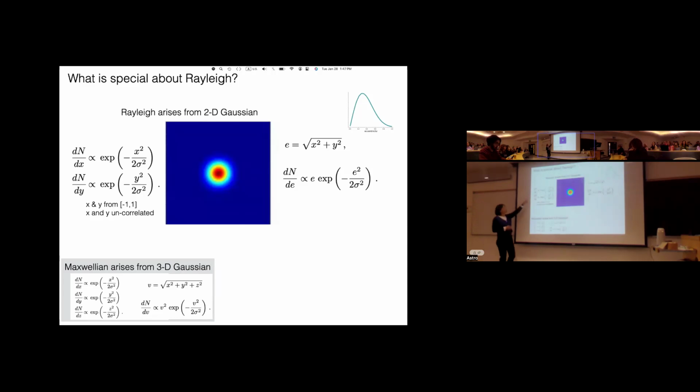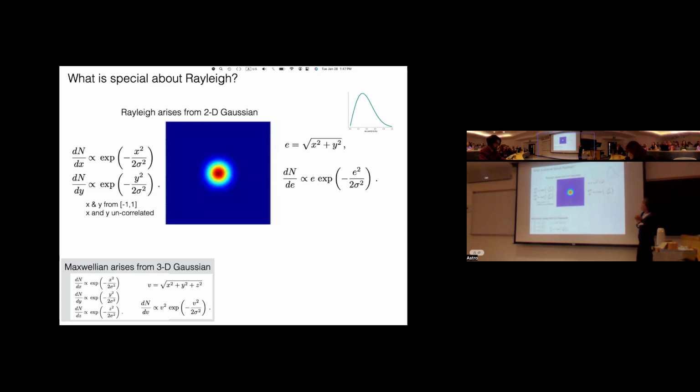So let's say x is normally distributed, y is also normally distributed. So this is x versus y. Here's the origin. If you take the radius of this distribution, which is the square root of x squared plus y squared, that radius is Rayleigh distributed.